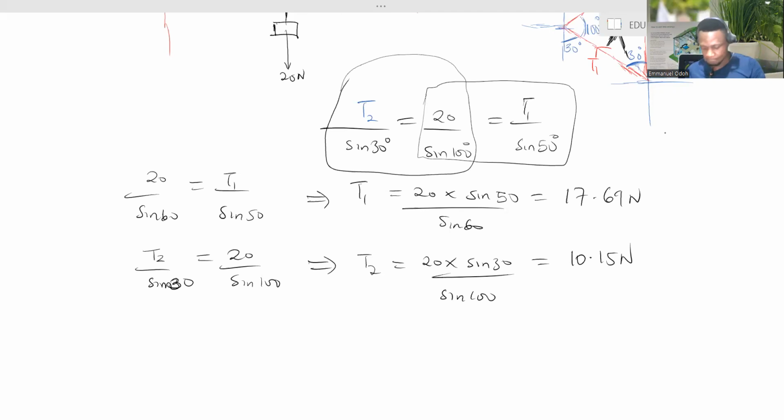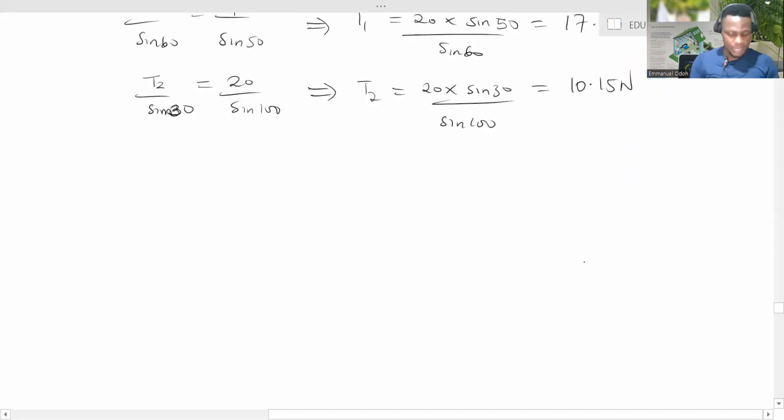Okay, so this is T1. So I'll leave you to do this yourself and practice this yourself. So you can work on this to test your understanding.